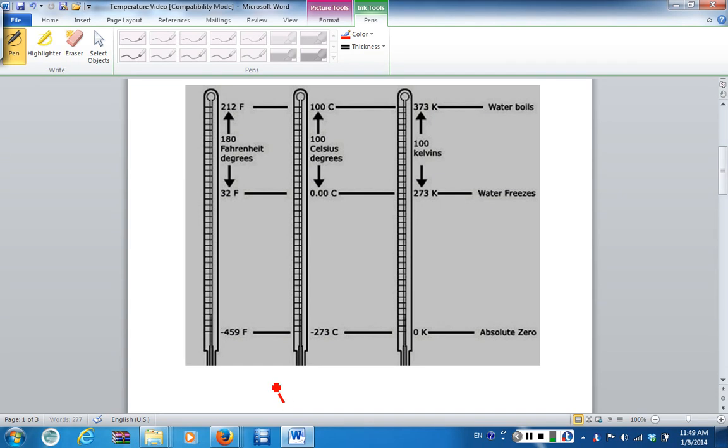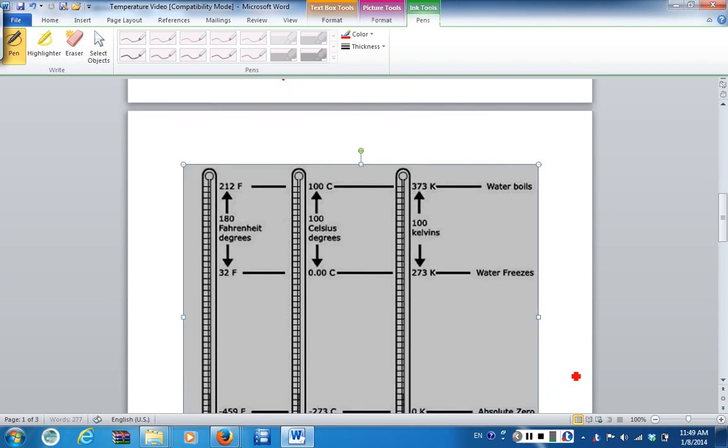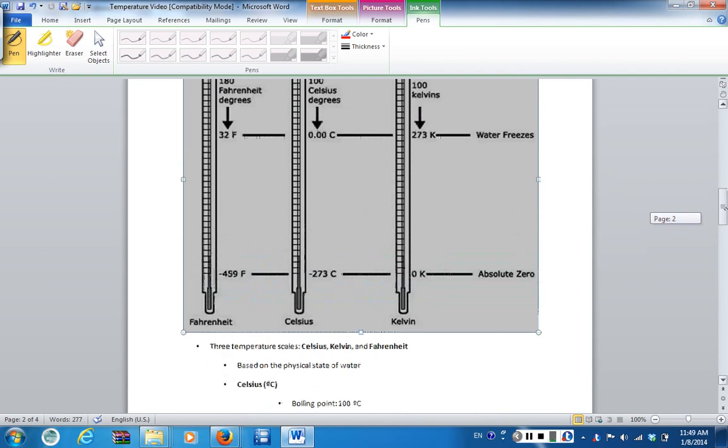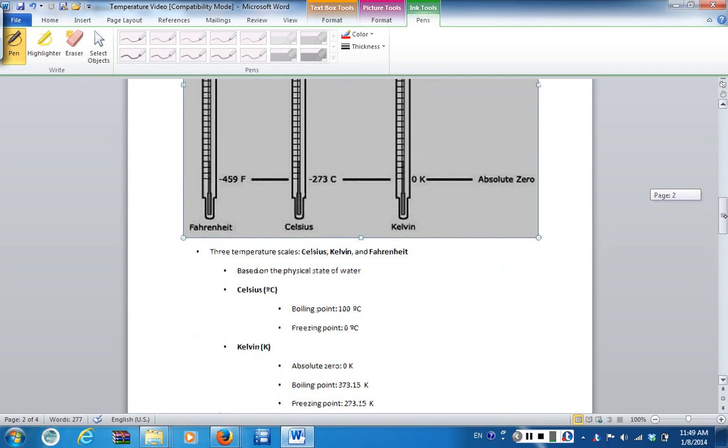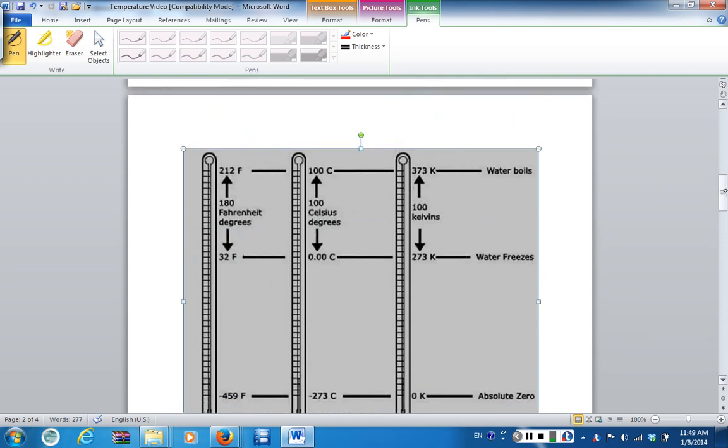So these are based on physical states of H2O. And with these, what you're going to see is that it's based off of the point with which H2O freezes and the point with which it boils.